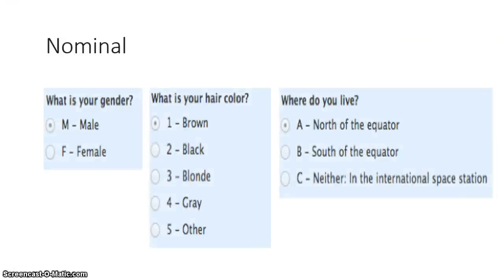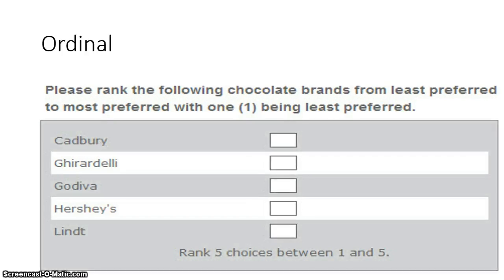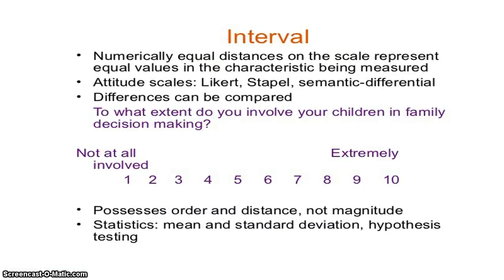And nominal, for example, and here I want to stress on nominal. If you can see, it is on the gender, hair color, or where do you live. And then the ordinal, there is the rank, for example, the brand, the most preferred or less preferred.